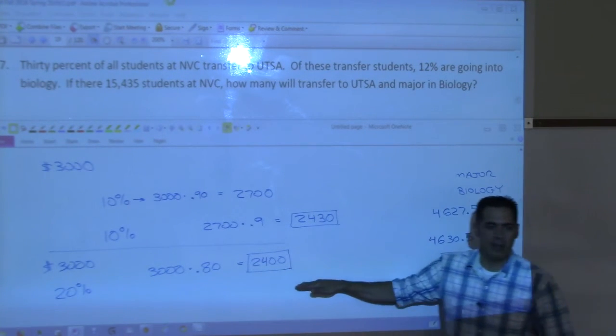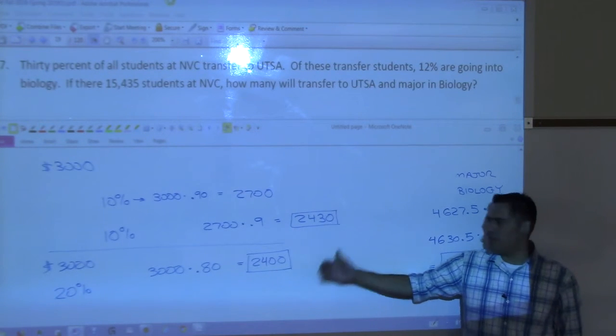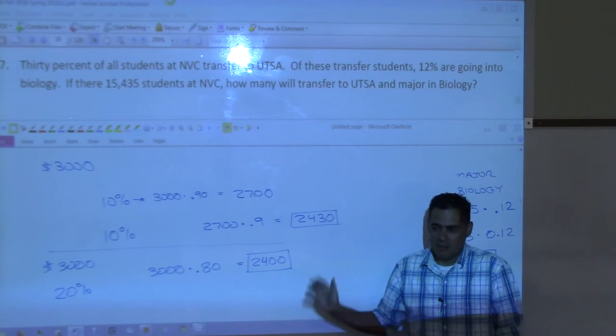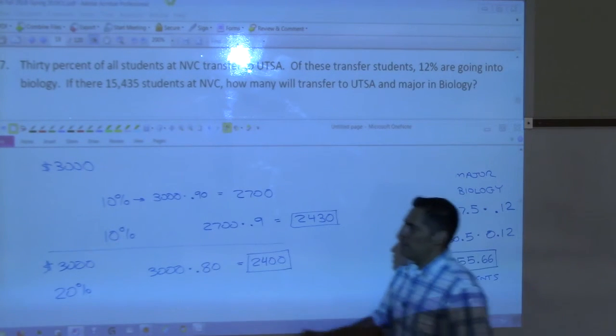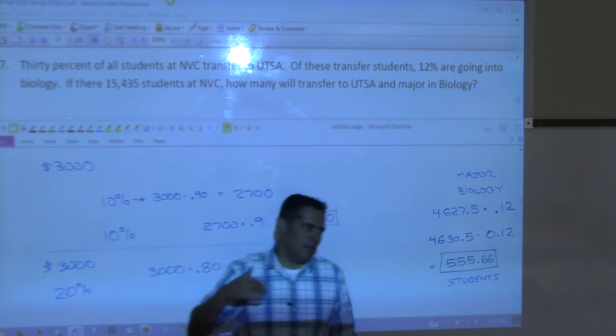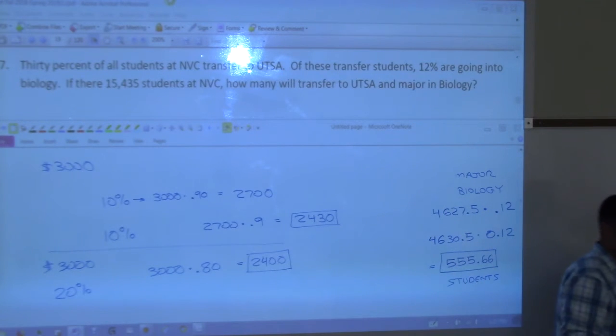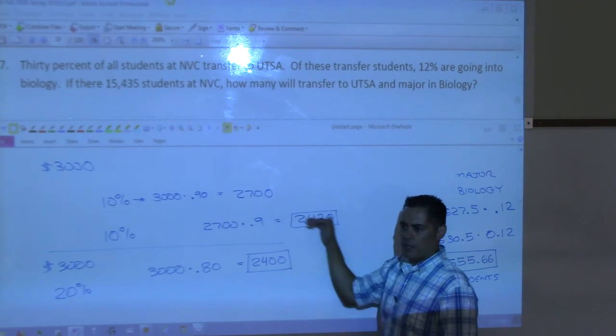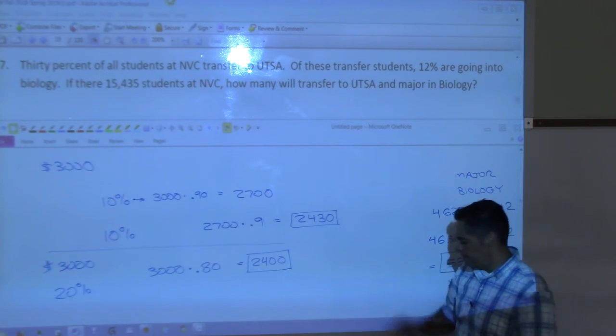So it was better to use the 20% coupon. It saved us 30 bucks. So even though two 10% discounts may appear to be the same as one 20% discount, depending on how they calculate it, if you do it individually, you're actually going to pay more.